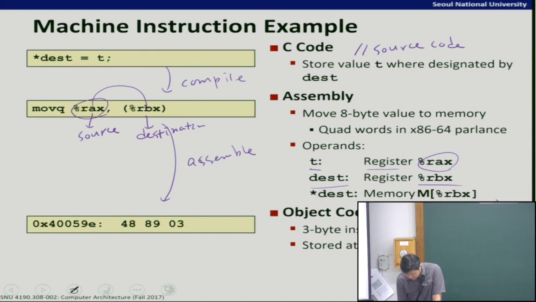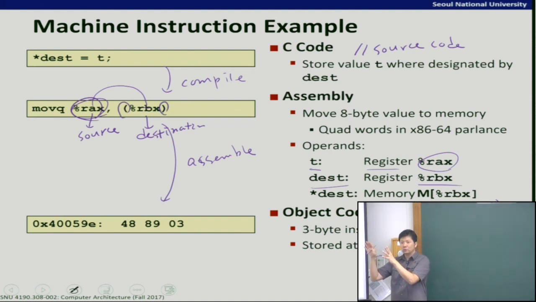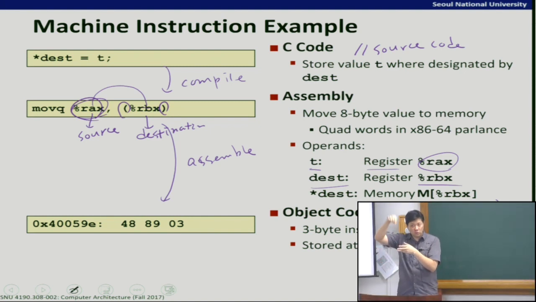And you can use this movq instruction with RAX as the source, and these parentheses. The parentheses mean you want to store this value into the memory location instead of the register itself. If you don't have the parentheses, let's say you have just RBX here, then you simply copy this value of RAX to the RBX register, right?